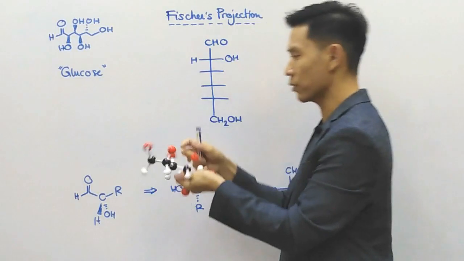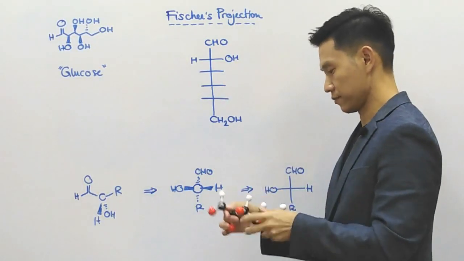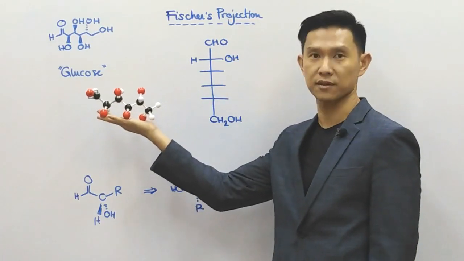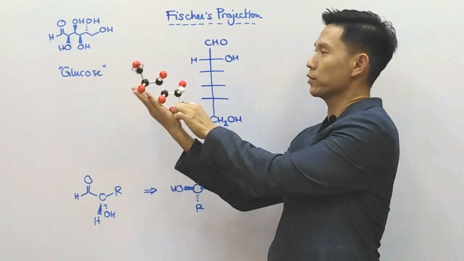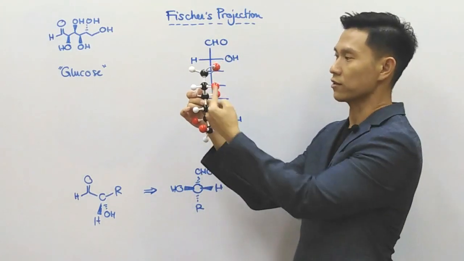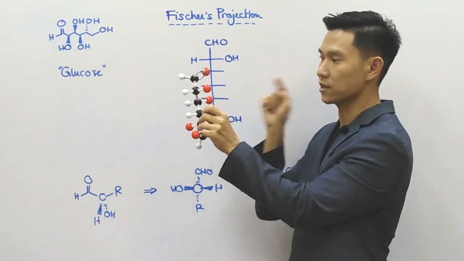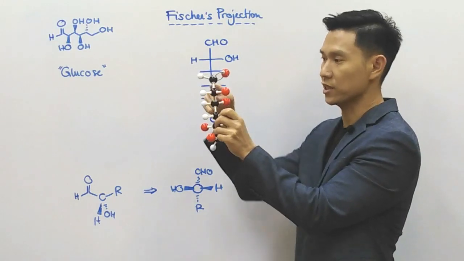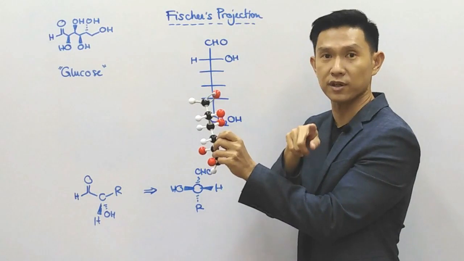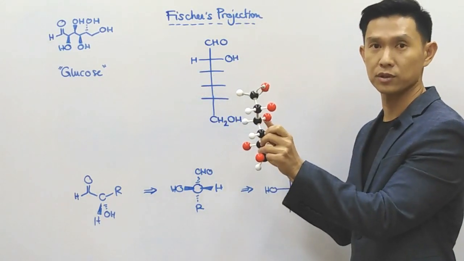Now go further downward to the third carbon, because when we start, we're starting from this zigzag structure. But now we put it upward, and because we have to turn it like this, OH on the right. The third carbon is not OH on the right, because here the vertical line is pointing toward yourself and the horizontal line pointing outward, which is against the rules.